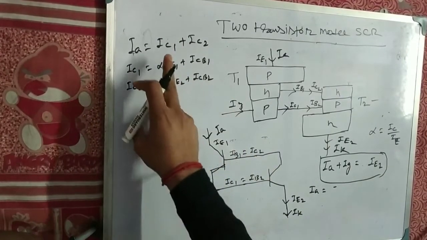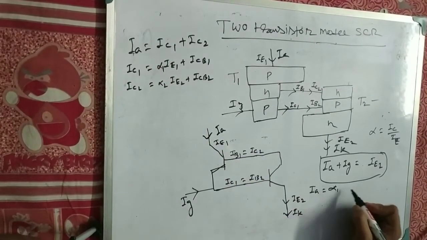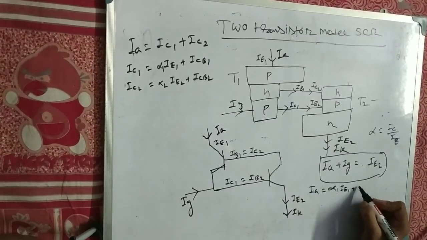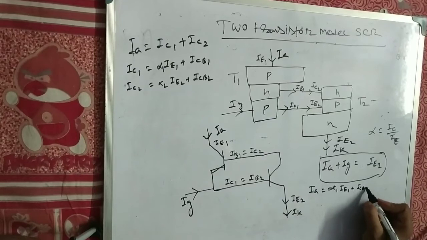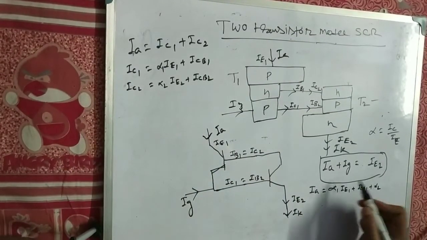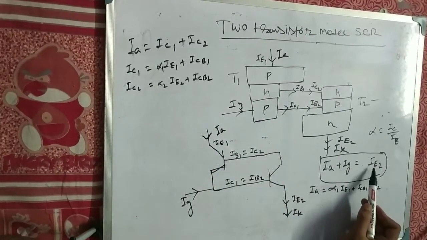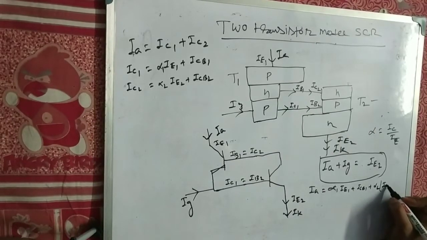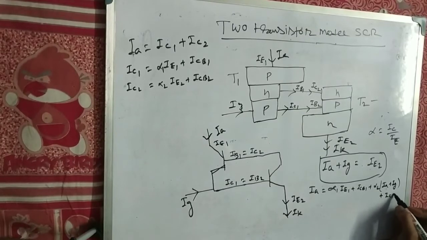I am putting the IC1 value, so IC1 equal to alpha 1 into IE1 plus some leakage current ICB1, and IC2 equal to alpha 2 into IE2. IE2 means IA plus IG. I am directly writing this plus some leakage current ICB2.